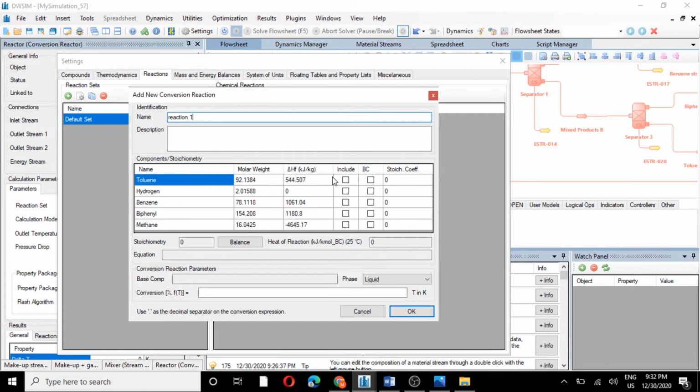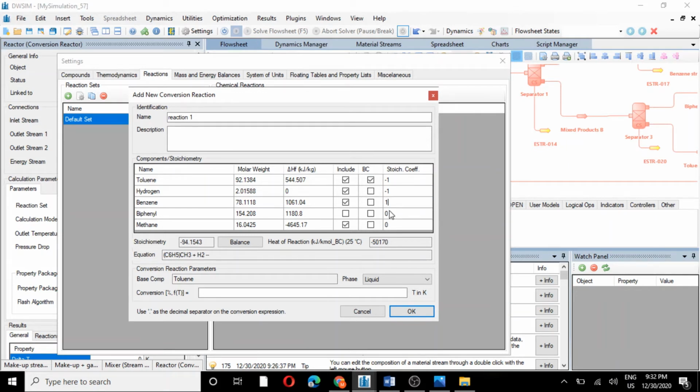Then we have toluene, hydrogen, benzene, and methane. For our base component, we're going to use toluene. And for the stoichiometric coefficient, we know that for the reactants it should be negative. Okay, -1, for hydrogen also -1.